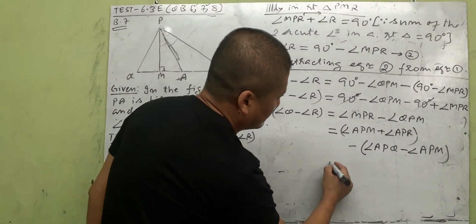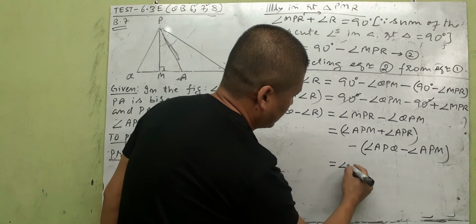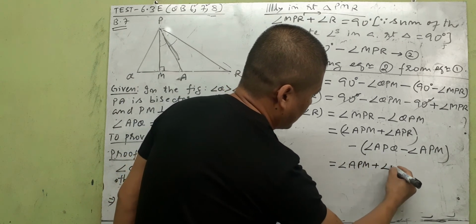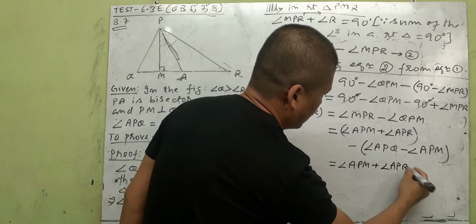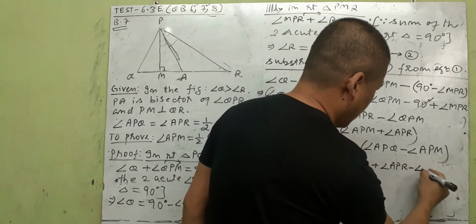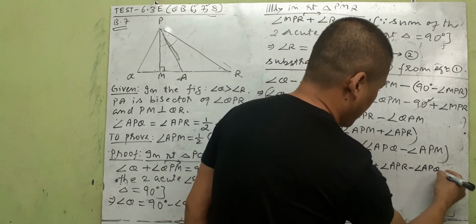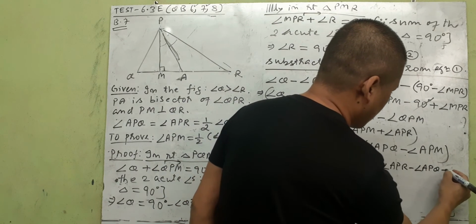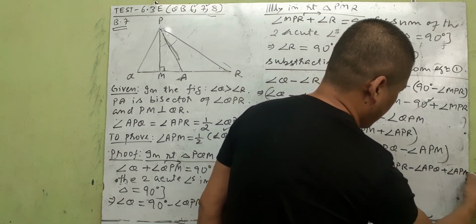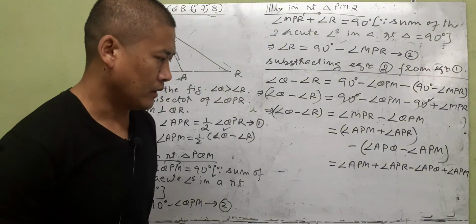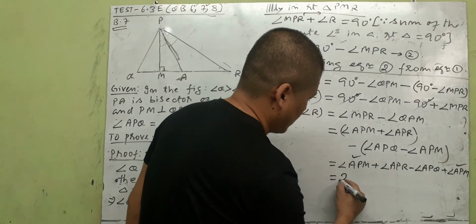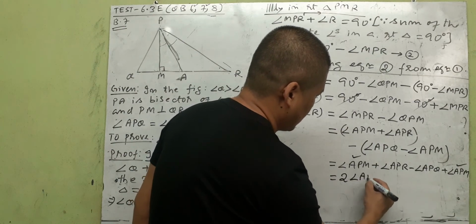So now we can write here angle APM plus angle APR, this portion, and let us remove this bracket, minus into plus, minus angle APQ, then minus into minus, plus angle APM. That way we're going to get APM plus APM is twice angle APM.